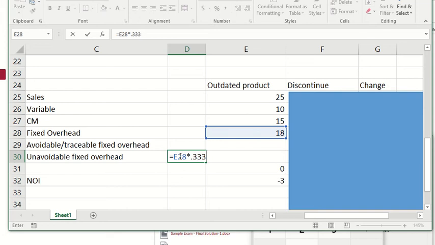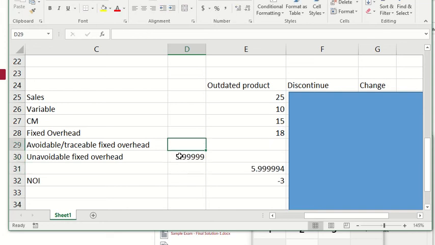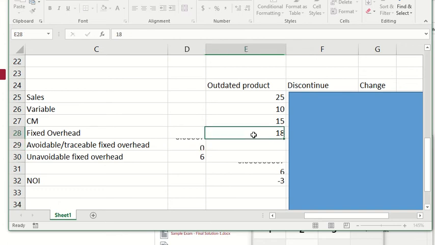So maybe 0.3333, and then I would say $6. Maybe you could round that, or you could do 1 divided by 3 times 18, and it is $6 more exactly. And then 2/3, or 0.6666.